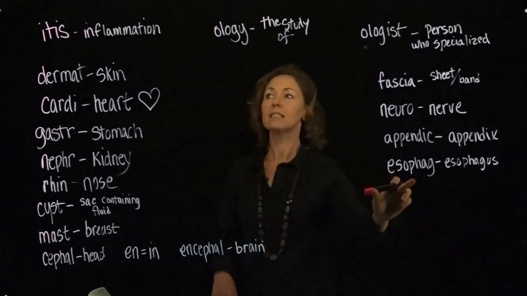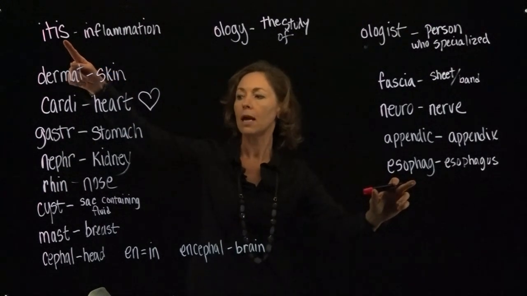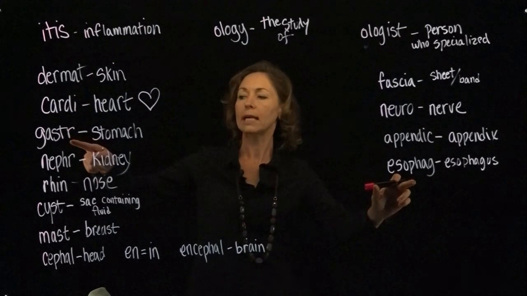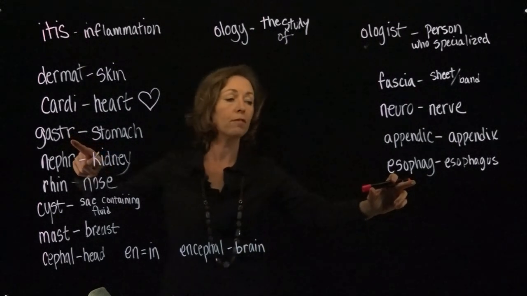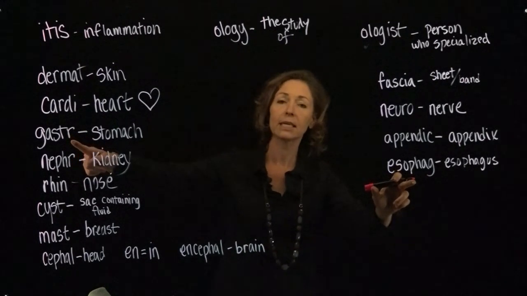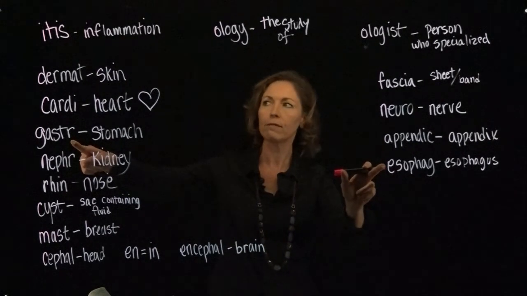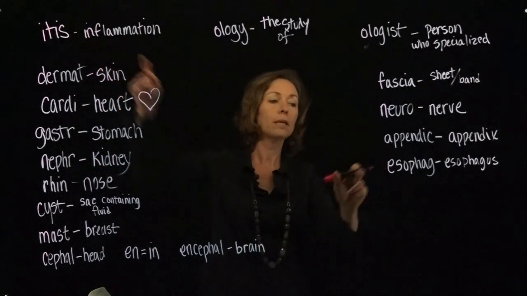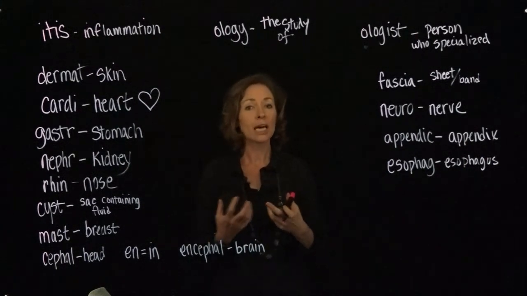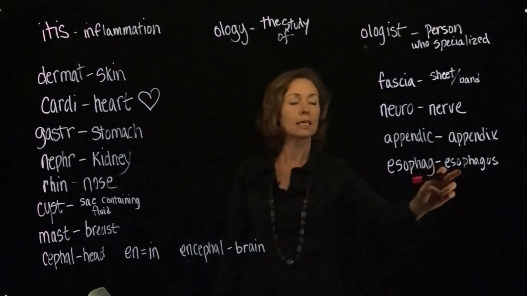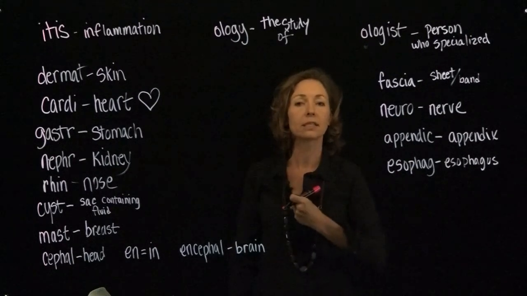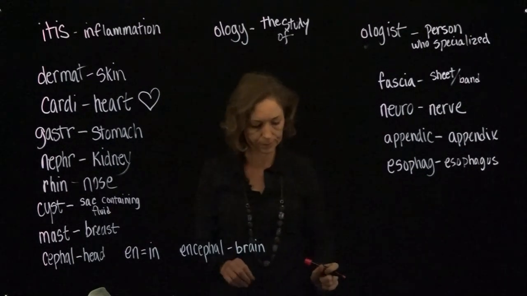So if you have esophagitis, it might be because your gastric juices coming from your stomach are very acidic, and they're coming up into your esophagus because you have reflux and causing inflammation. So esophagitis is inflammation of the esophagus, that tube that leaves the stomach and comes up the throat.